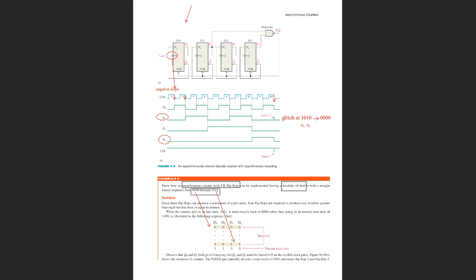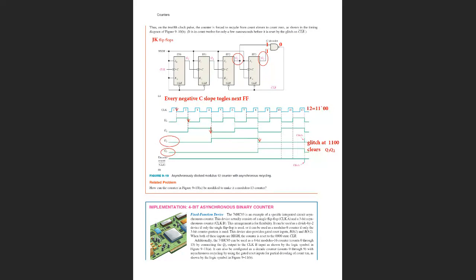So you may see that at the negative slope of clock 10, the glitch happens because Q1 cannot become 1, and it goes back to 0. The whole counter is cleared.